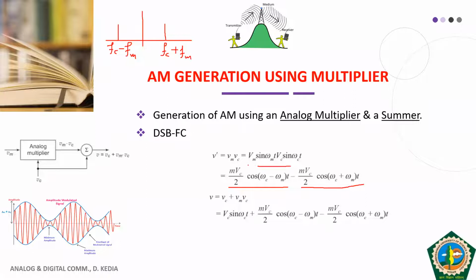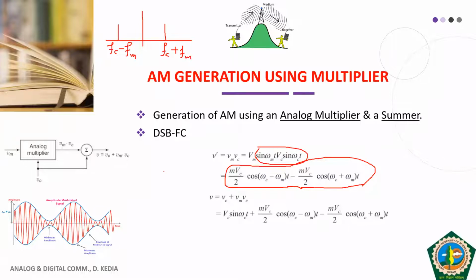We want such a signal at the output, which is our AM signal. The simplest way in which we can obtain this is through sine omega mt into sine omega ct, the multiplication of two sine waves.